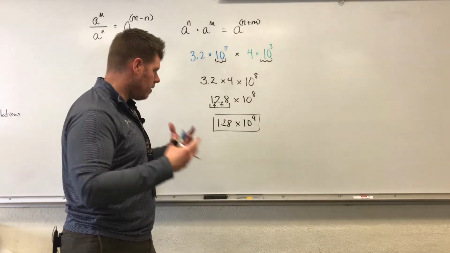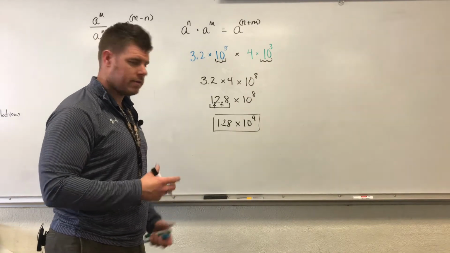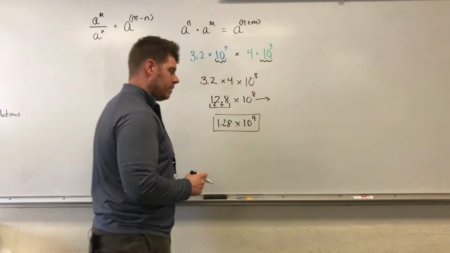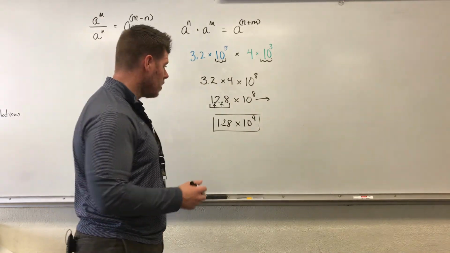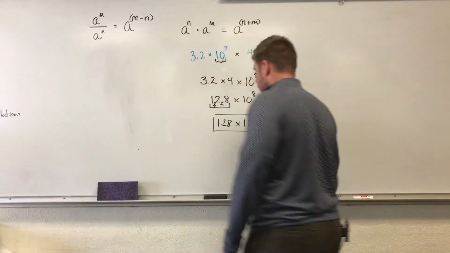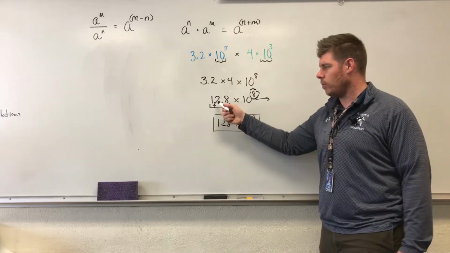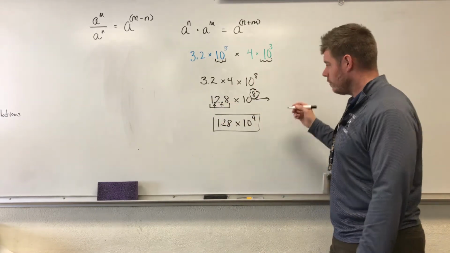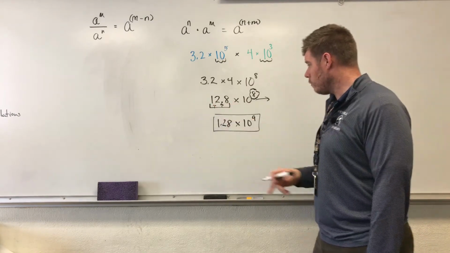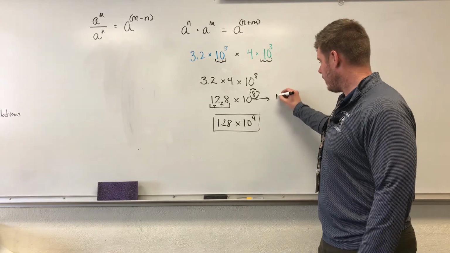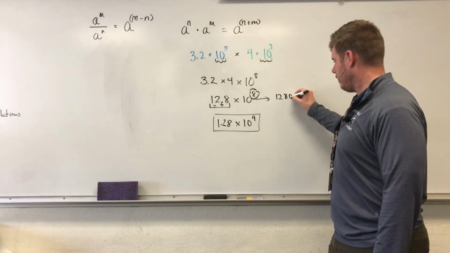At this point, you may also be on a quiz or a test that just gives you the number. So literally at this point, you could always just type that in your calculator. Or you should know that in scientific notation, this number is telling you how many times to multiply by 10. So you could have done 12.8 times 10, 8 times, and got 12, 8, and then 7 zeros on here.